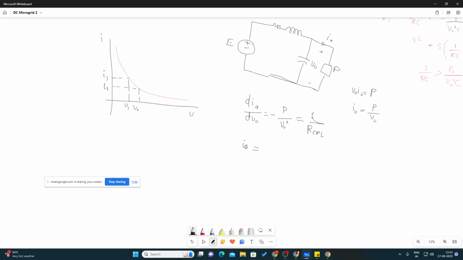So V1, V2, so I1 minus I2 by v1 minus v2 equals minus p by v naught square.